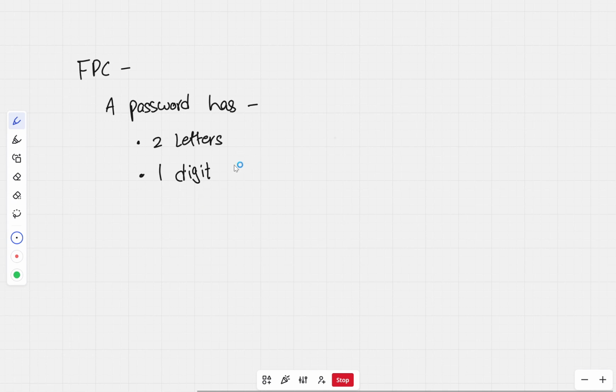Note, this digit comes after the letters. So yeah, the format is fixed. You cannot put one letter then another number then again a letter. No, we have to put two letters and then one number. For a better understanding, I'll write it followed by a number, so no confusion.